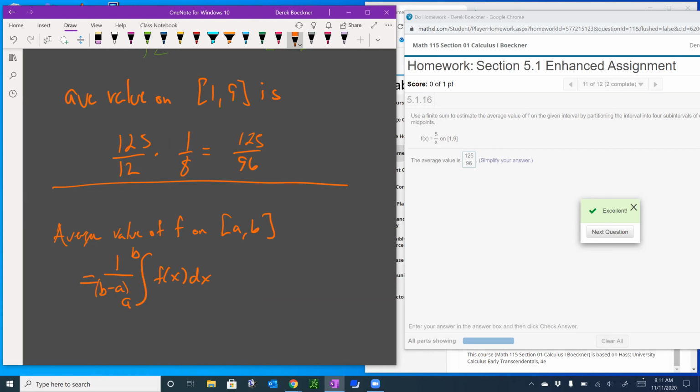Right. So I take the area and I divide it by the length of the interval. In some sense, you're adding up all of the function values and then dividing by how many function values there are. The integral kind of tells you to add up all the function values and then divide by how many function values there are.